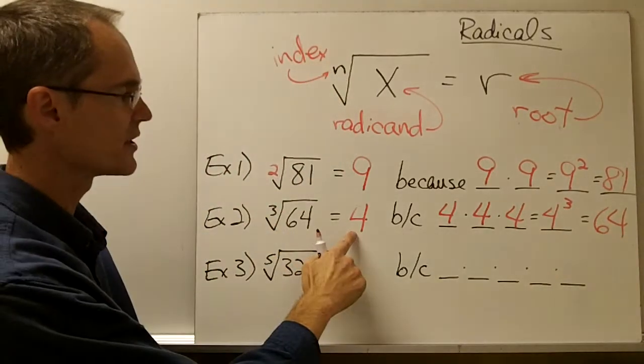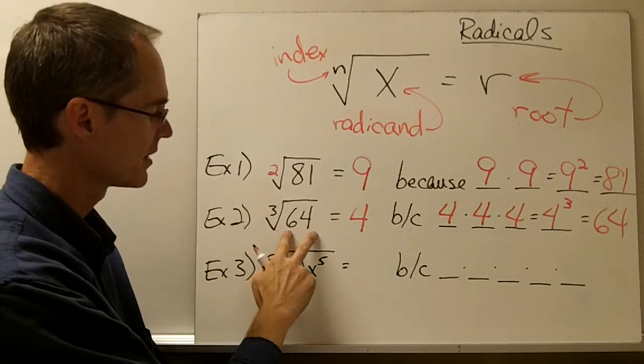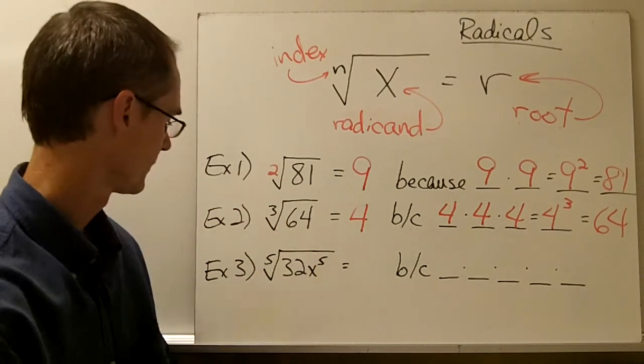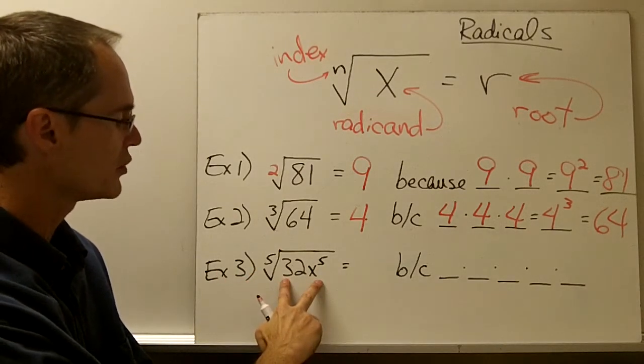So again, 4 is the number that if I multiply times itself 3 times, is equal to the radicand, which is 64.